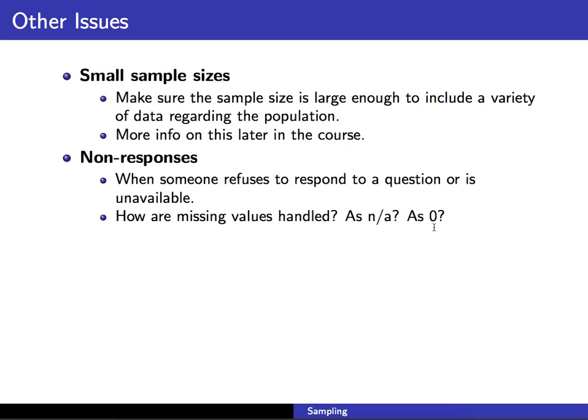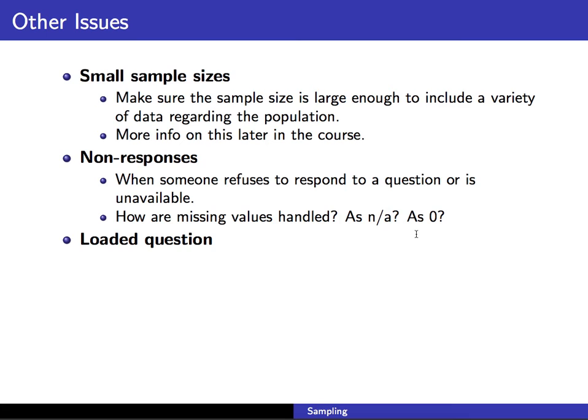For instance, if we're calculating the average amount of rainfall in an area, what happens if we have missing data values? Do we mark them as not available and not use them, or do we fill them in as a zero and count that as a zero? It's a matter of how you're going to address those issues when doing any kind of study or experiment.